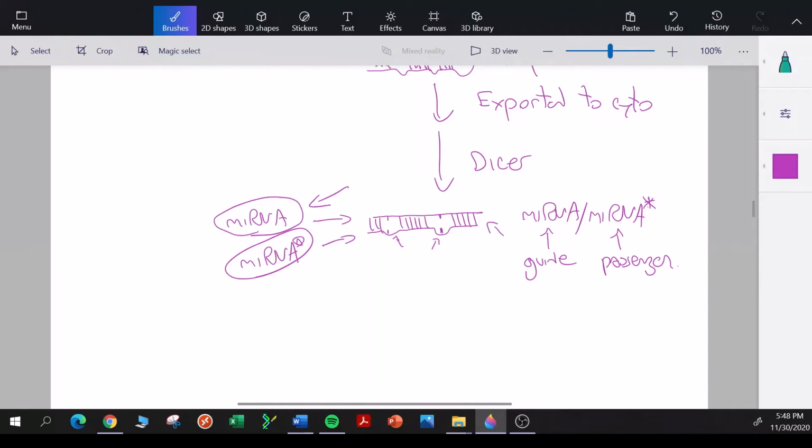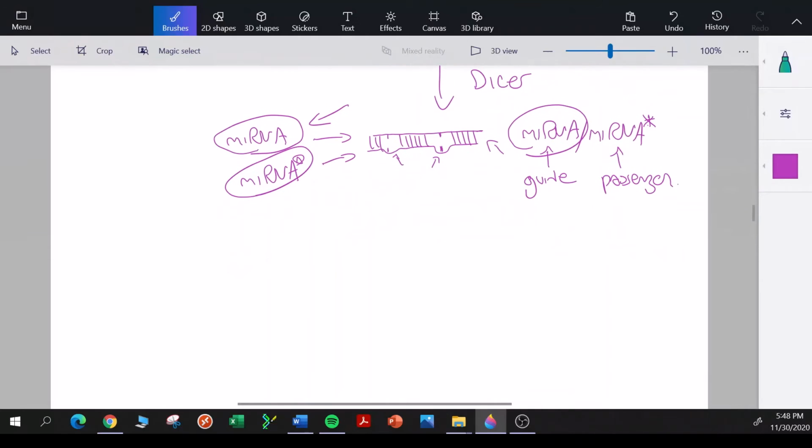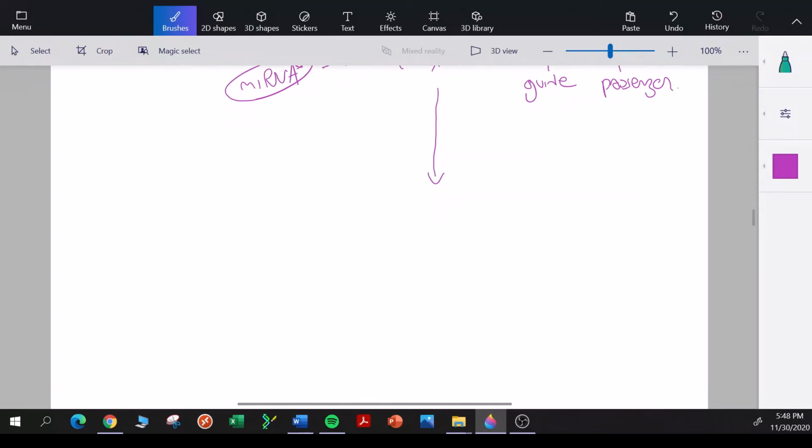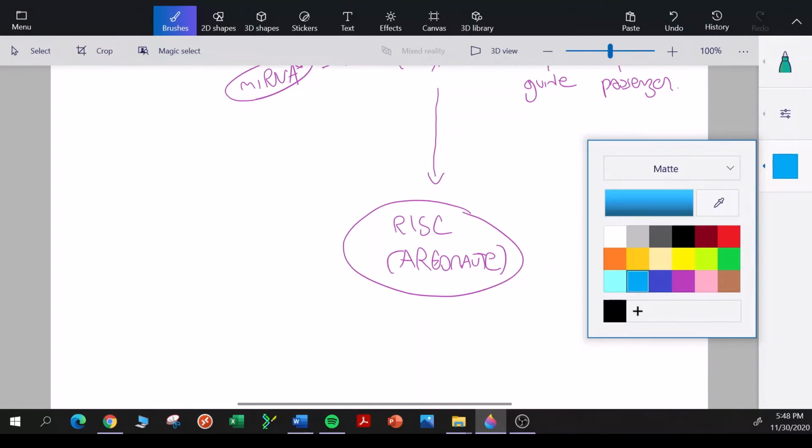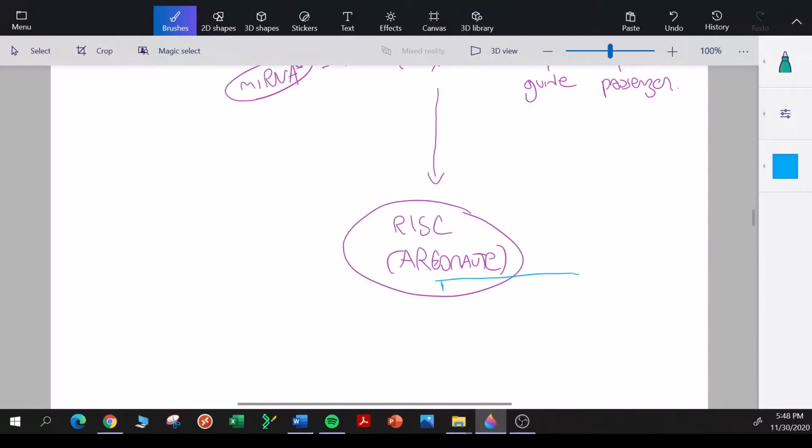And there's a special complex that will load the microRNA into the RISC complex. So lots of different complexes are involved. But in the end, what we get is that RISC complex with an Argonaute protein, Argonaute, which will incorporate that microRNA, which is about 22 nucleotides long.